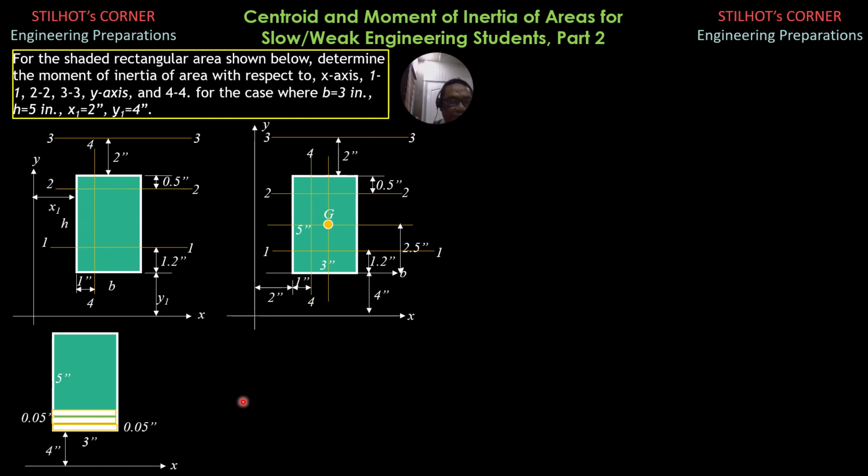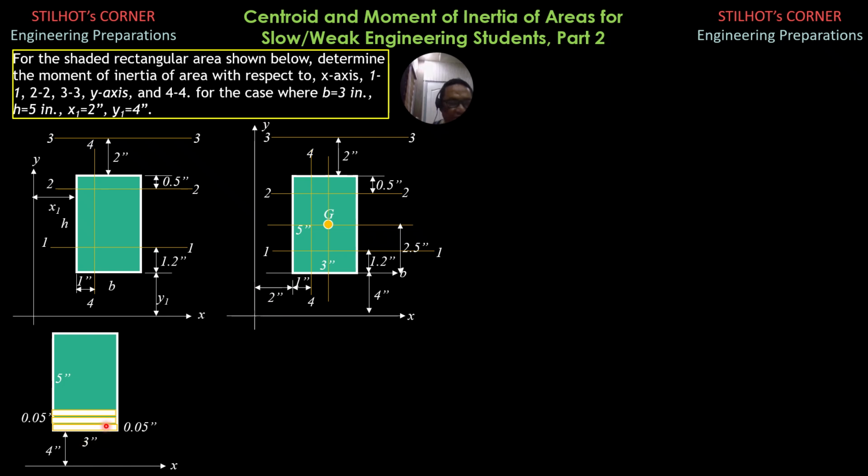Secondly, we can also use the summation notation. This is 4 inches, and the moment of inertia of a squeezed area is equal to the summation of moment of inertia with respect to the centroid plus area times distance squared.